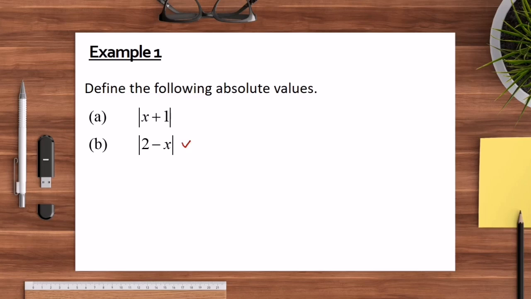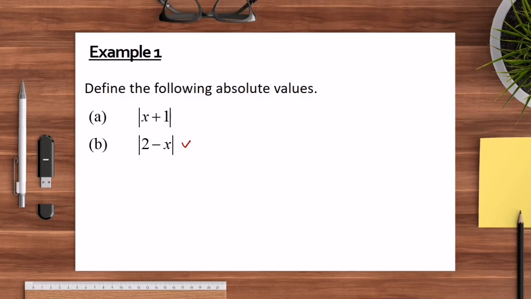Then we get negative x more than or equal to negative 2. And then negative 2 minus x, we simplify, we get negative 2 plus x, if this one negative x less than negative 2.